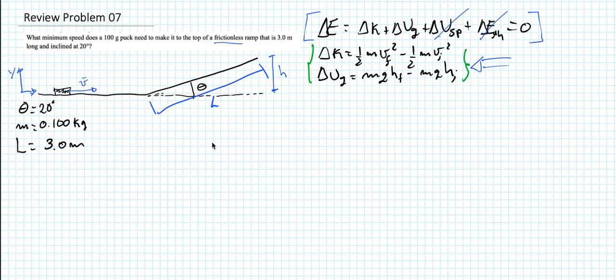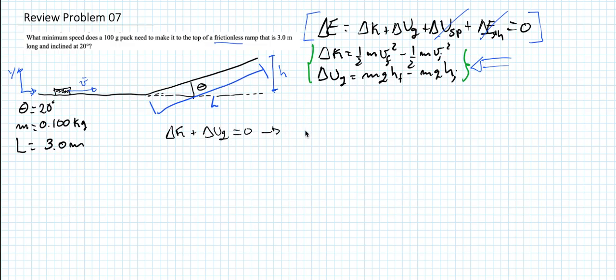So my final potential energy will be equal to my initial kinetic energy. But let's put that in math. The variation of my kinetic energy plus the variation of my potential energy will be equal to zero.